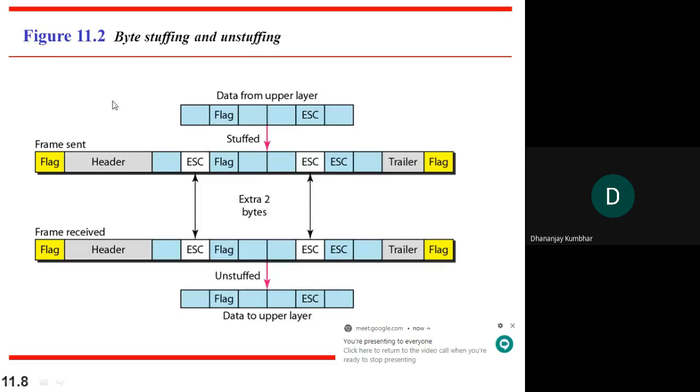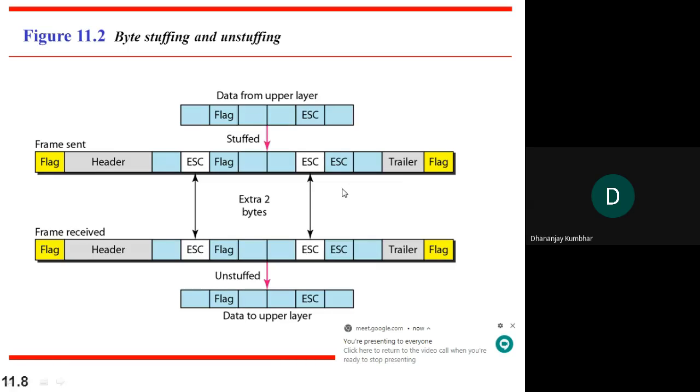Okay. So now let us say this is what the raw data that we have. This data indicated in yellow, this blue color, will be sent along with a header and a trailer, and there will be a start of frame flag and end of frame flag.